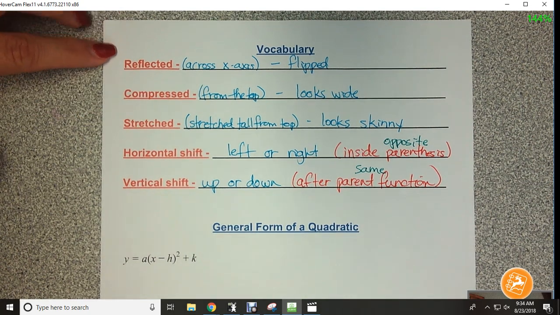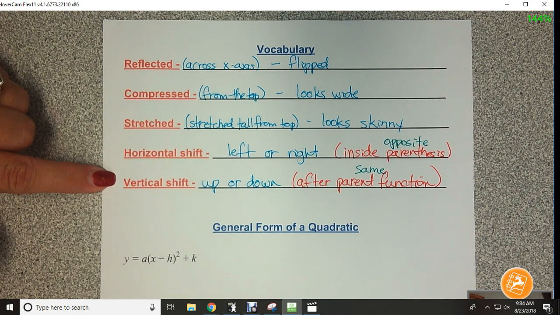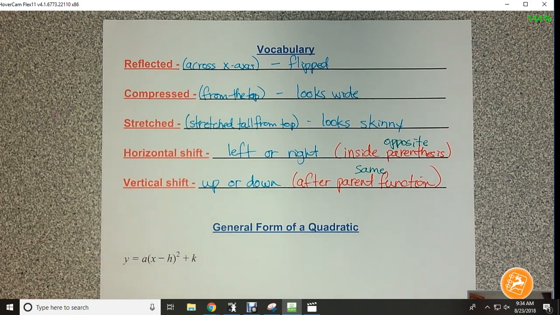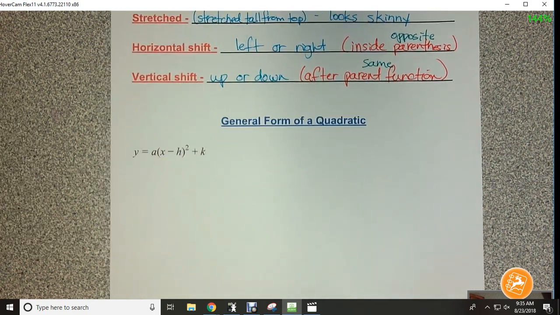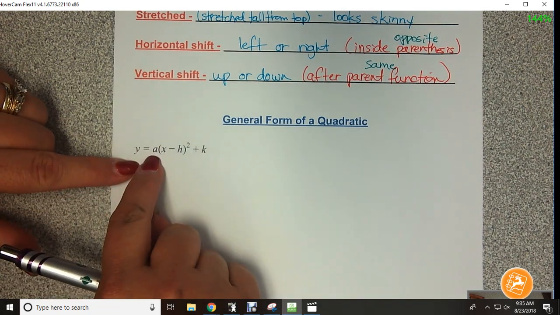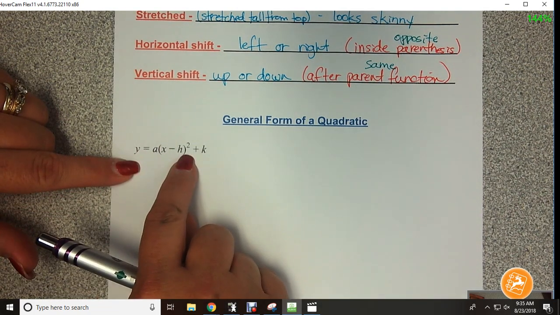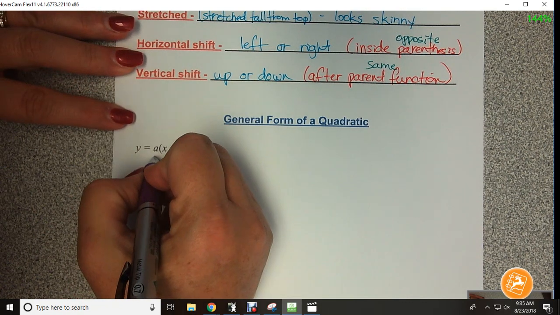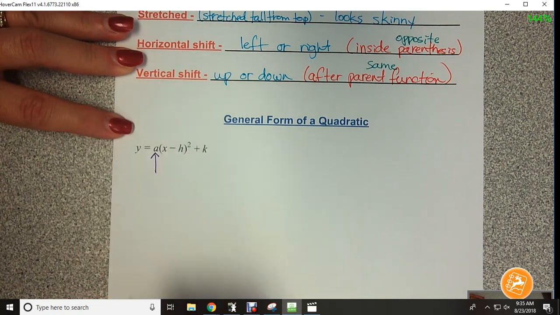So now, let's go back and add, well, no, we'll do it down here. General form of a quadratic. So this incorporates everything that was in those graphs we just did. If there was a number in front, okay, A represents that number.